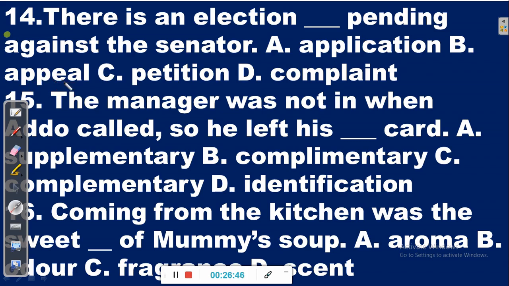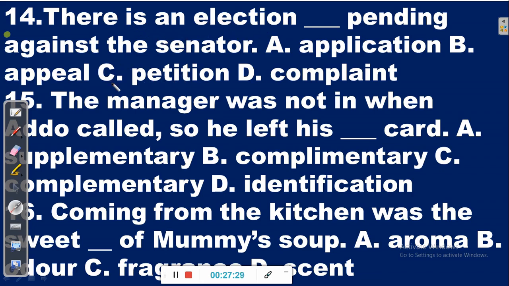You bring an appeal to an appeal court when the judgment of the lower court has been given against you, and because it has been given against you, you appeal to a higher court, possibly a court of appeal, asking them to reverse the decision, to nullify the decision of the lower court. So that's the meaning of appeal. It doesn't really fit in here because we are not told that there was a previous decision by a lower court against the senator. This is a fresh suit being filed.